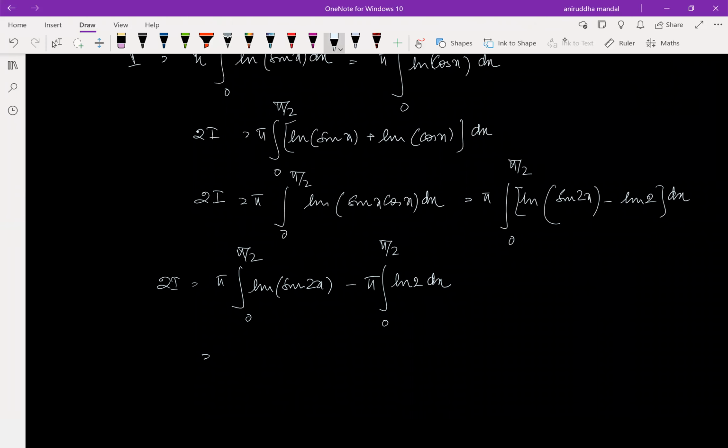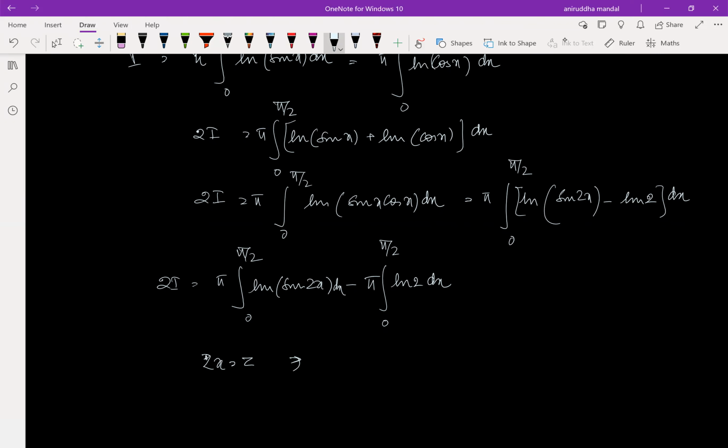Now this integral, which is sine 2x, we just substitute 2x as z.